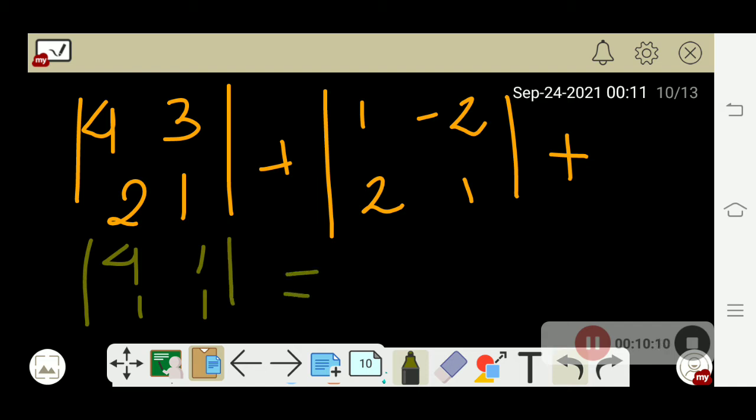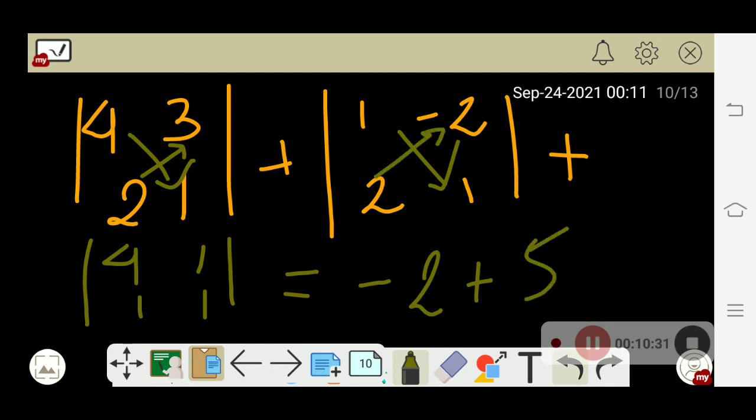Let us check the result. 4 into 1 minus 3 into 2 is 4 minus 6, which is minus 2. Next, 1 into 1 minus minus 2 into 2 is 5. And the last one is 4 minus 1, which is 3. So it's 8 minus 2, which equals 6. So 6 is going to be the term.